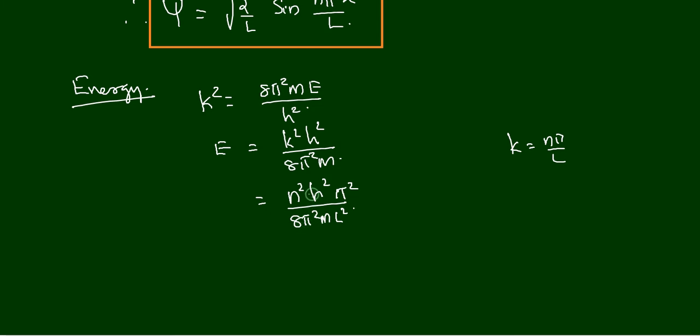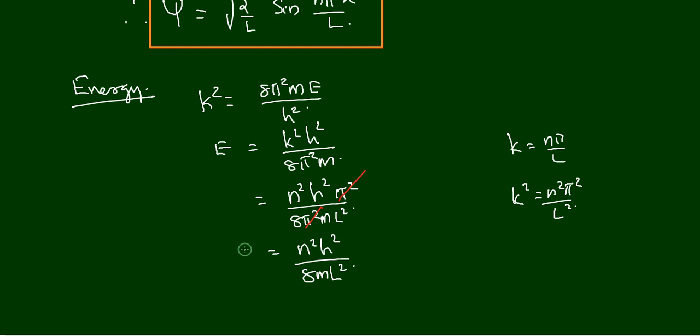I just substituted for k square: K square is equal to n square pi square divided by L square. Okay, so now pi square and pi square are cancelled, right? What is remaining here is n square h square divided by 8 m L square.